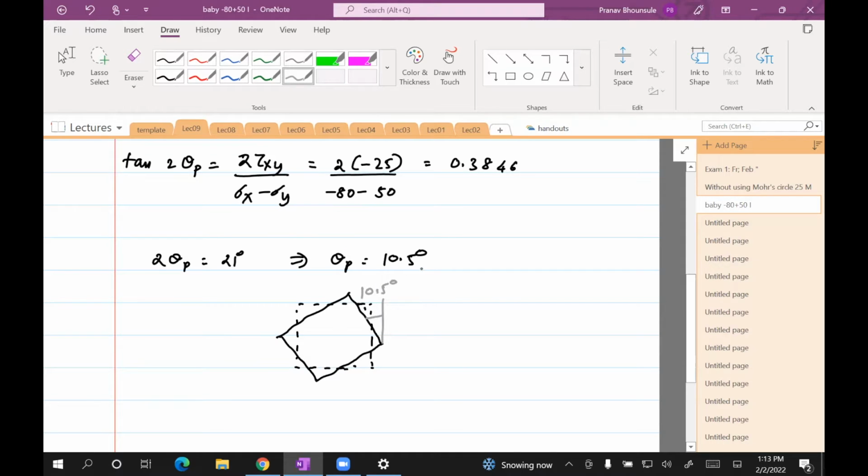The positive indicates CCW. And then you can fill in the dots based on the previous problem.